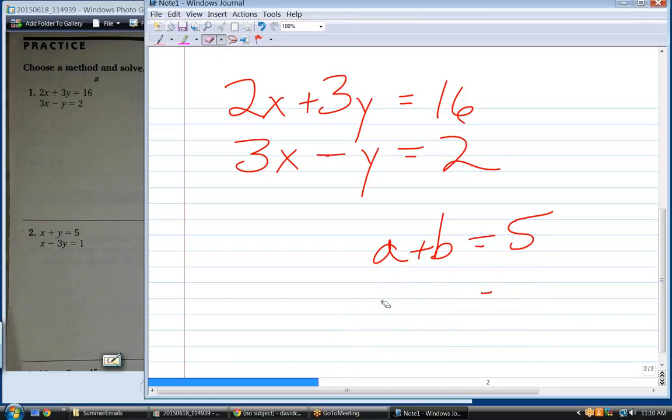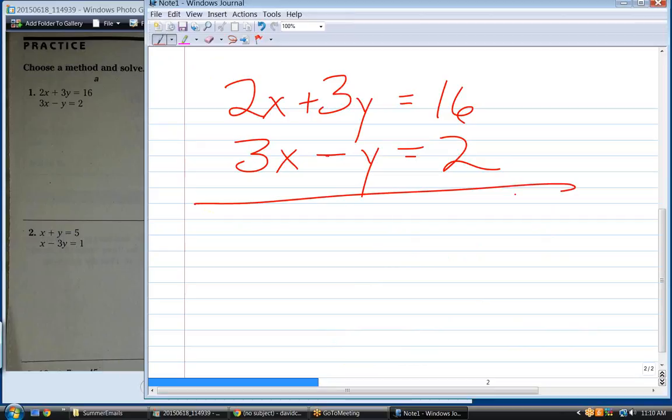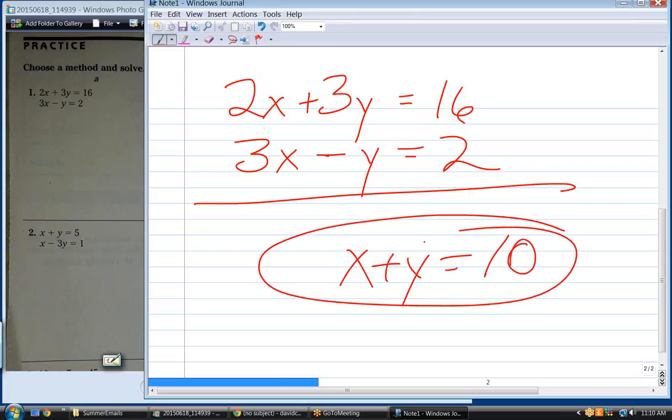Okay? Now, what we have here is a system of equations where we have two variables. As long as you have the same number of equations as you have variables, you can solve it. If I told you that x plus y was equal to 10, that is one equation and two variables. I cannot solve that.